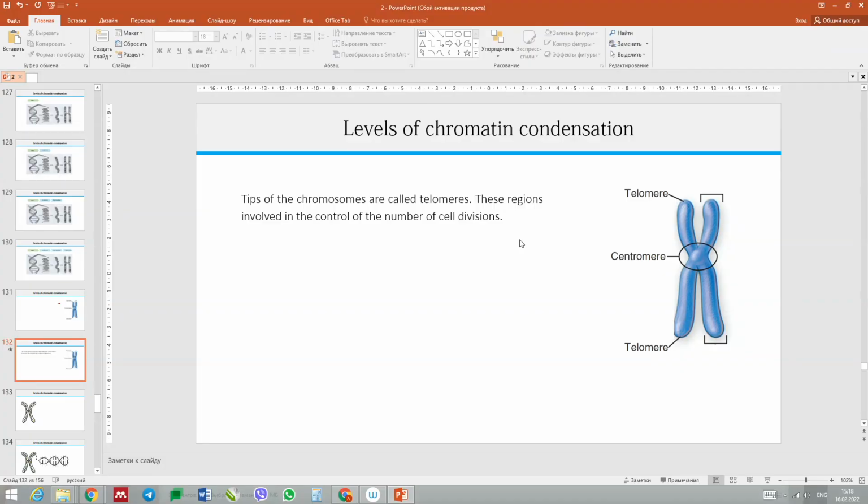And when the shortening of the chromosome length reaches a critical level, such a cell will not be able to divide anymore. This is something that is called the Hayflick limit, a limitation in the number of cell divisions that arises from critical shortening of telomeric regions of chromosomes.